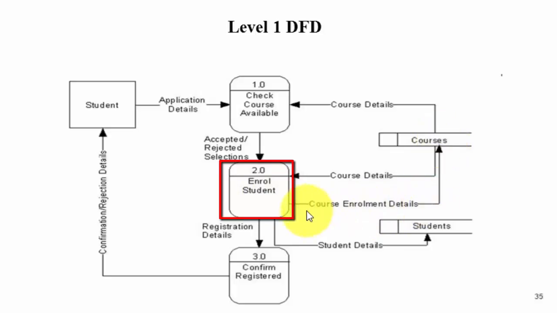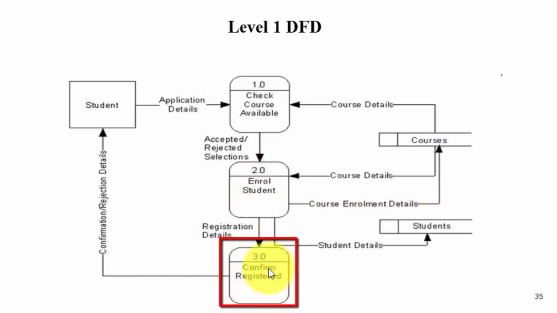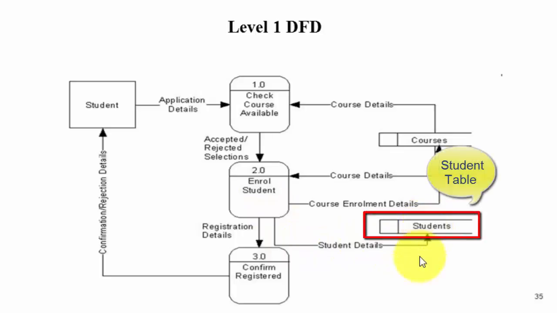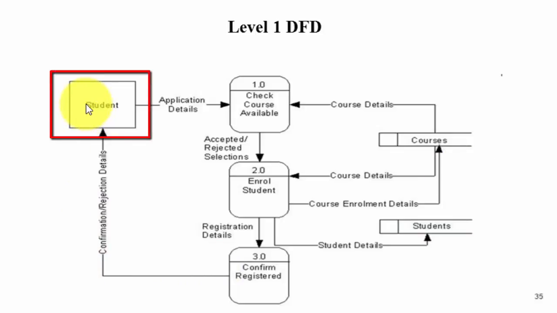Once it is done, it will call another process called confirm registration. What the confirm registration process will do is push all the student details to a table called student, and it will give a confirmation back to the student saying that you have successfully registered for a particular course.